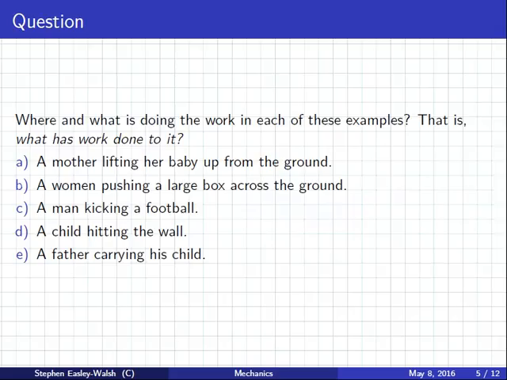I'm sure that was a wrong typo in there. It's wrong. Yeah, delete "has". It should have been: what work was done to it.